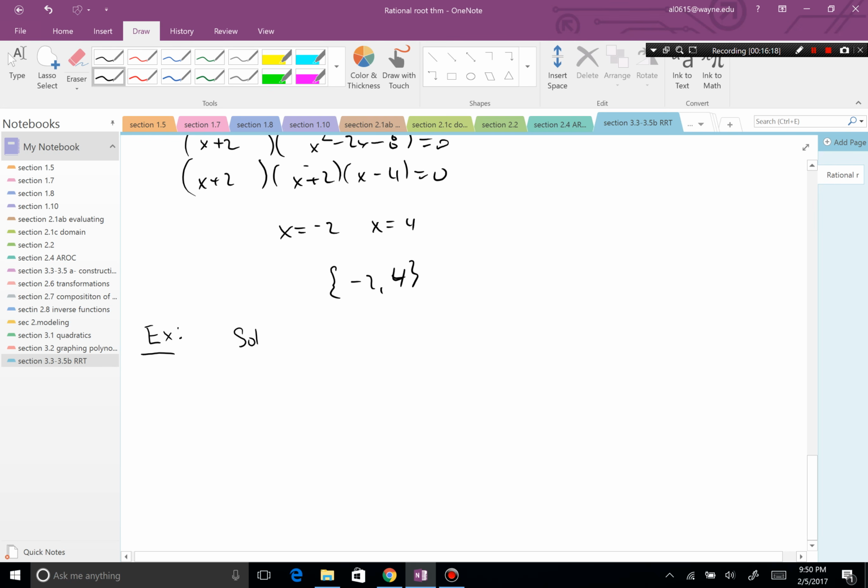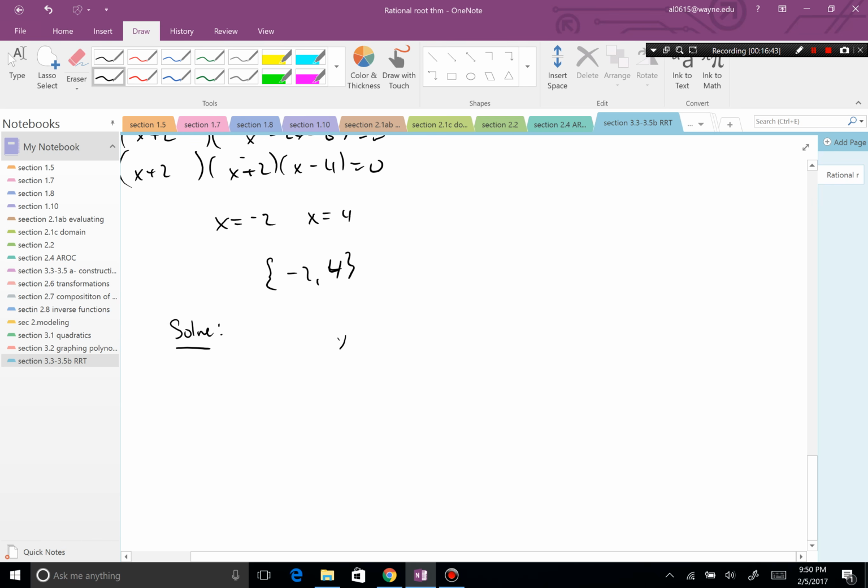So here's what I want you to solve for tomorrow. I want you to solve this guy, and yes, I know it's going to hurt, but it's okay. Solve x cubed minus 4x squared plus 6x minus 4 equals 0.